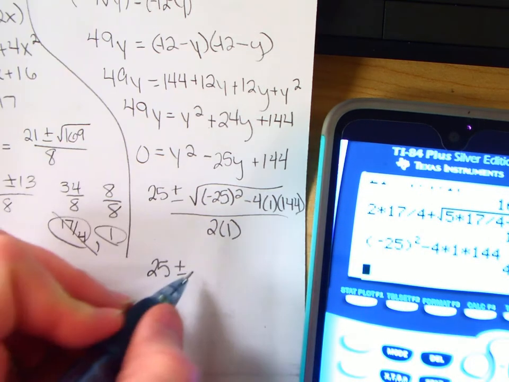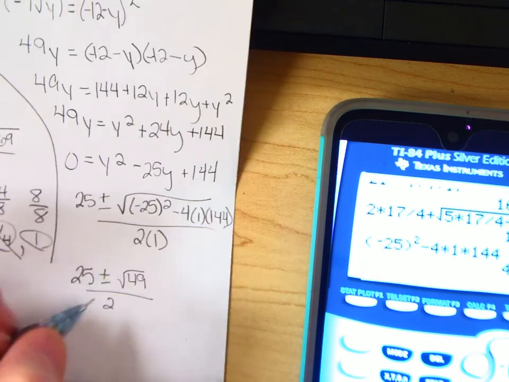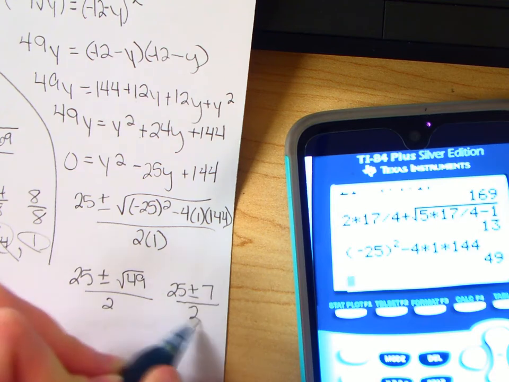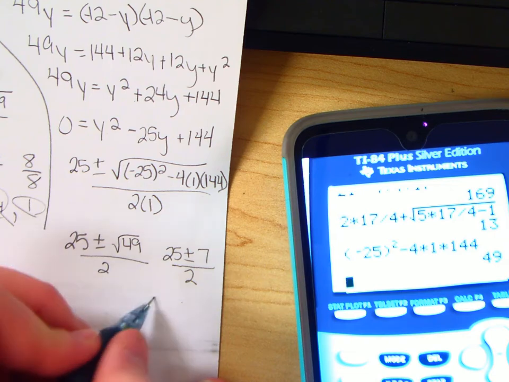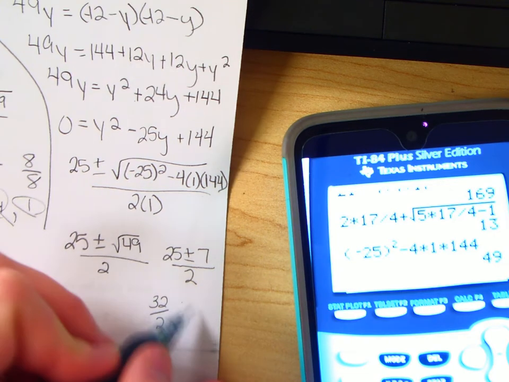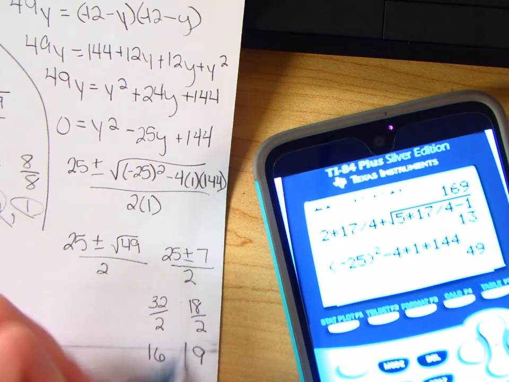So we get square root of 49 all over 2. That's 25 plus or minus 7 all over 2. 25 plus 7 is 32 all over 2. 25 minus 7 is 18 over 2. That leaves us with 16 and 9.